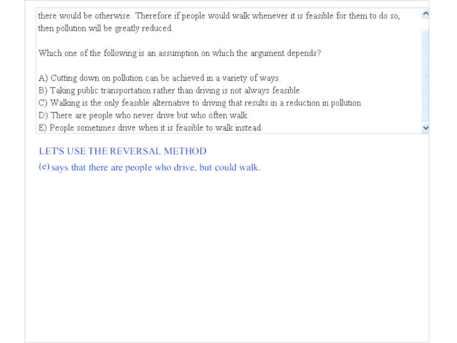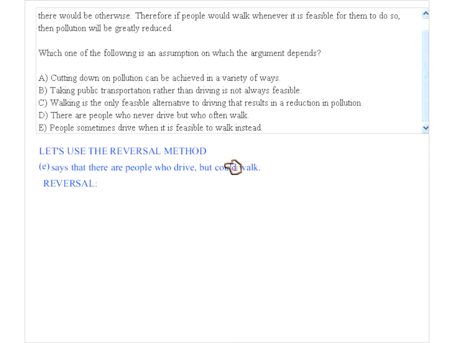Go ahead and type in the text box. What's the reversal of the statement? If this is false, then what does that mean? People who drive, those are not correct reversals.